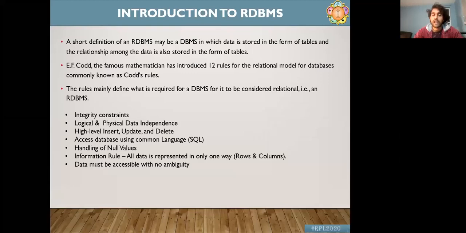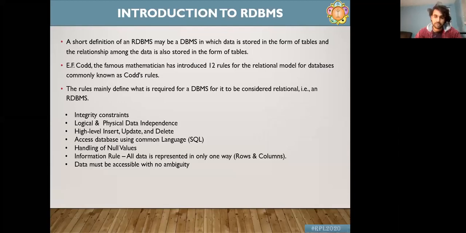So we will have a deep understanding of what exactly these integrity constraints are. Basically, we have a few integrity constraints: primary keys, foreign keys, check constraint, and unique constraint. We will go through each and every constraint in detail in the upcoming classes.